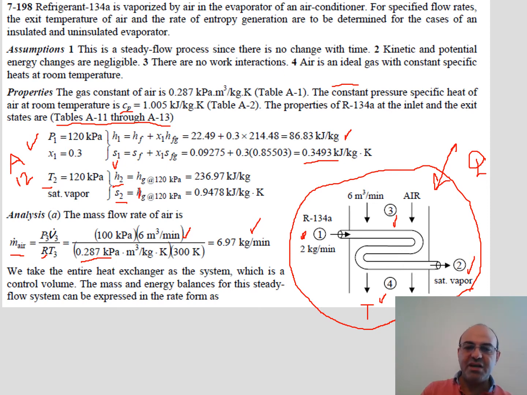For Cp, we can use Cp at room temperature, for instance, or ideally we need to find Cp at the average of T3 and T4. But because T4 is not known yet, we can use Cp for the room temperature. Because it's an approximate solution and T3 and T4 do not change much, it will not affect the problem. So we can use Cp at room temperature, but we need to write it down.